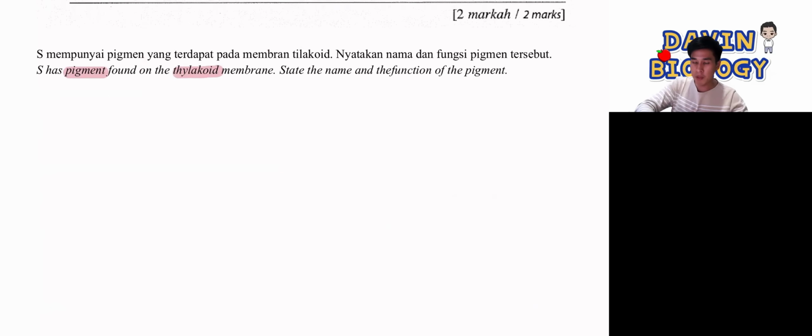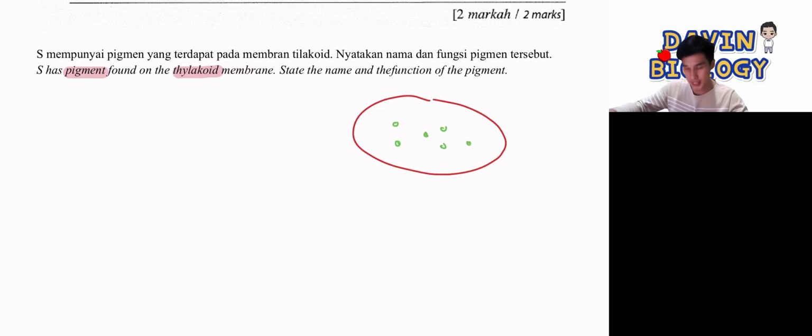The pigment means color. So what is the color pigment inside your chloroplast? It's actually this green color thing called chlorophyll. If you're wondering what's the difference between chloroplast and chlorophyll, chloroplast is the entire organelle. The green color substance inside is called chlorophyll.